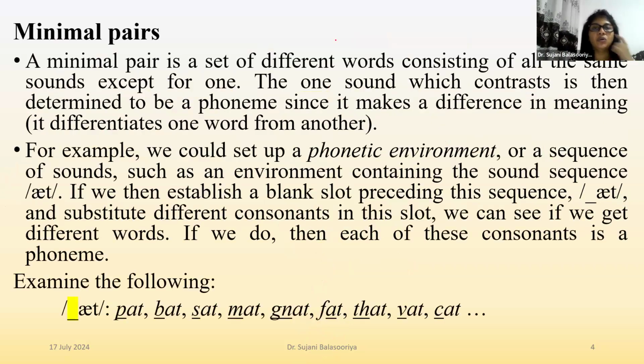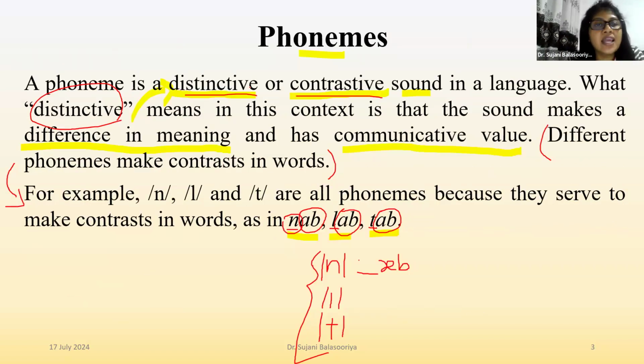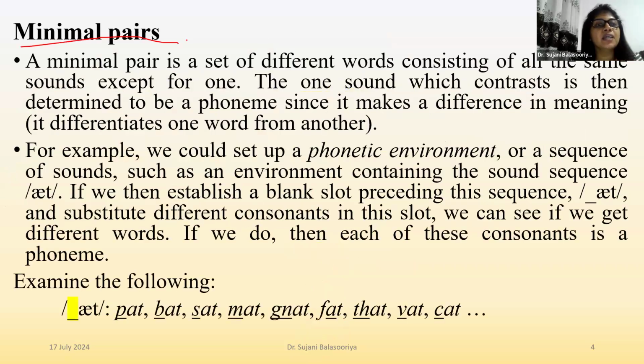Now, when we talk about the phonemes, this is usually discussed with minimal pairs. Actually, knowing about minimal pairs is very important to understand this distinctive feature of phonemes. Right now, you should understand why something called minimal pairs has come into this discussion, because we were talking about phonemes.